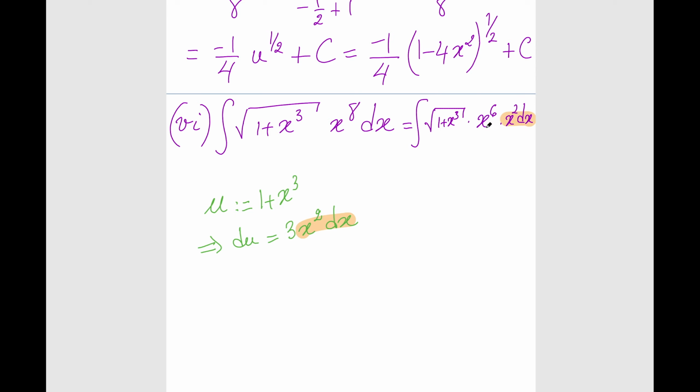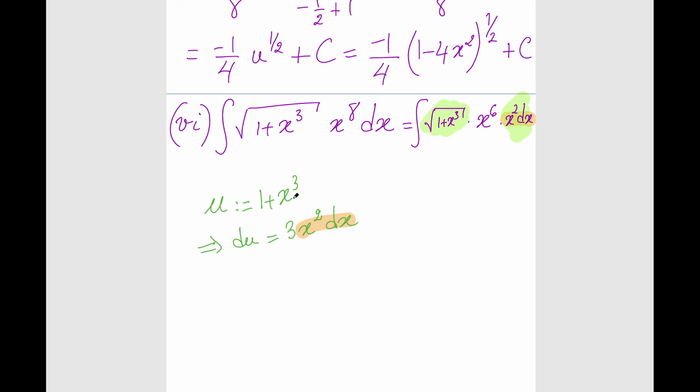But x to the power 6 is what in terms of u? So far, I can represent this in terms of u. Agree with that? This is square root of u. I can represent this in terms of u or du, right? This guy is du over 3. But what is this guy in terms of u?